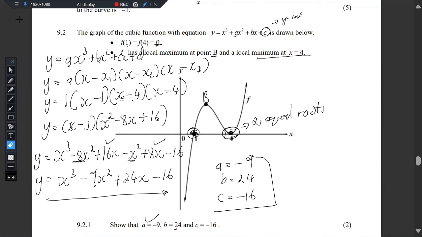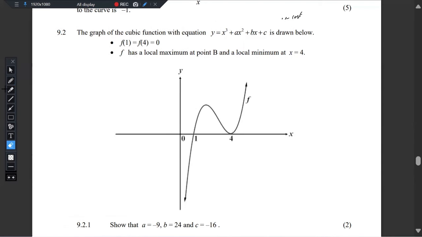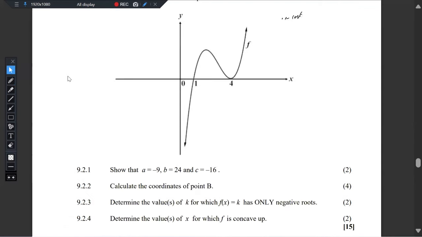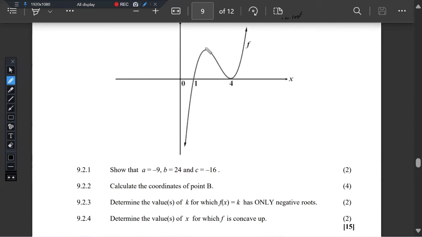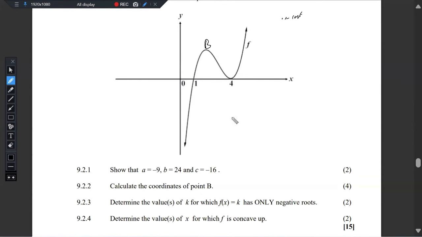Okay, then let's move on. We have 9.2.2. It says calculate the coordinates of point B. Remember, we said point B represents the local maximum there, right? So for anything to do with the turning points, local maximum and local minimum, if we are to calculate the turning point of a cubic function, we always derive first, and then we equate the derivative to 0, right?